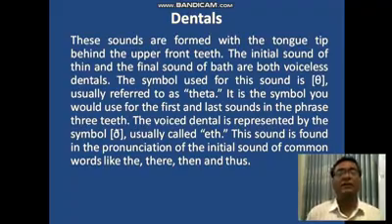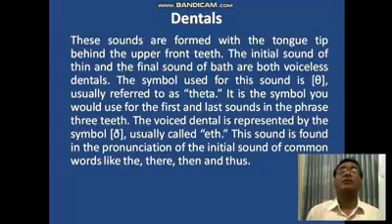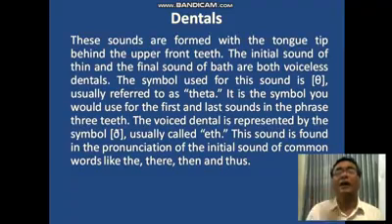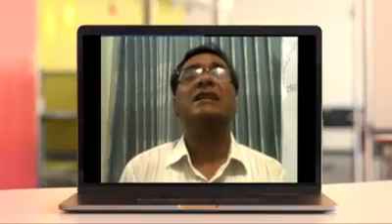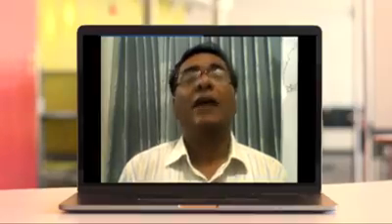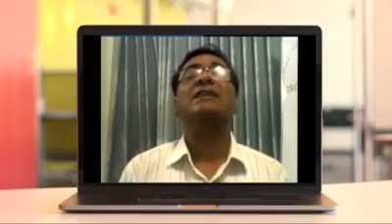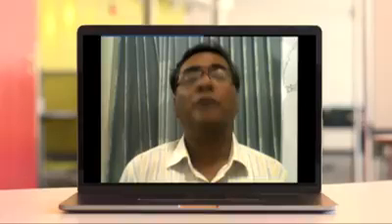Now comes dental. These sounds are formed with the tongue tip behind the upper front teeth over here. The tip of the tongue is behind the upper front teeth. The initial sound of thin and the final sound of but are both voiceless dentals.